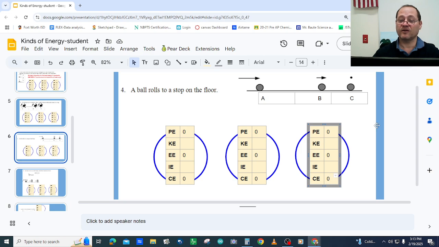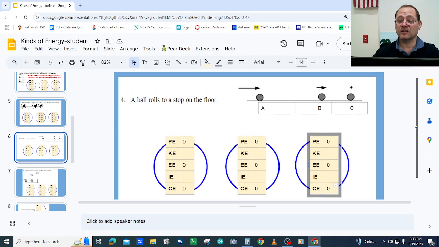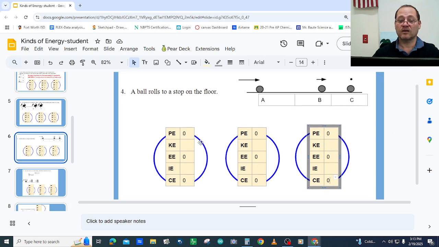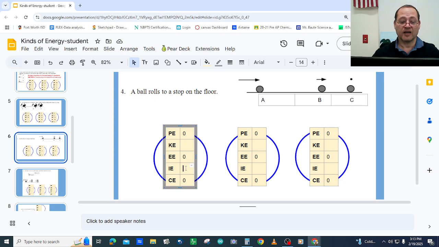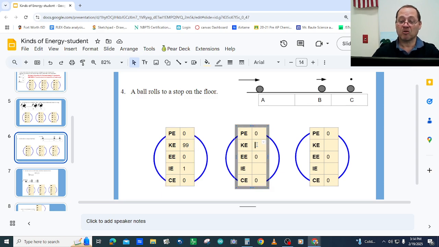So the ball is moving the fastest at point A, as you can see, right? So let's assign internal energy to 1%, as we have done before. So that means that 99% of the energy is in the motion of the ball. As you transition to point B, you can see the ball has lost some of the kinetic energy. So let's say it still has about 40%, it could be 45%.